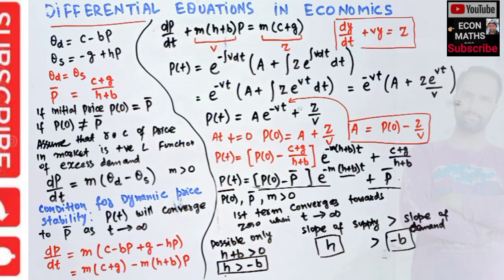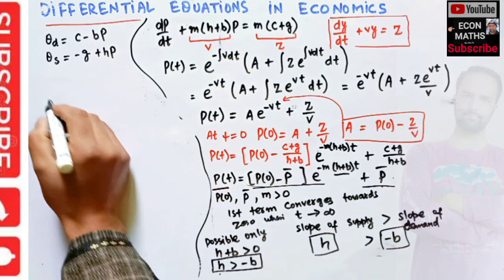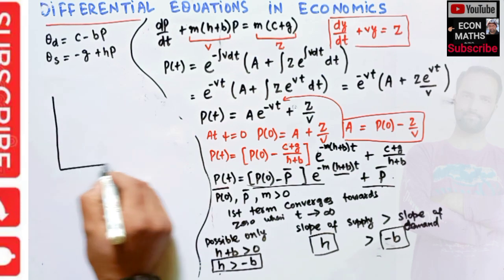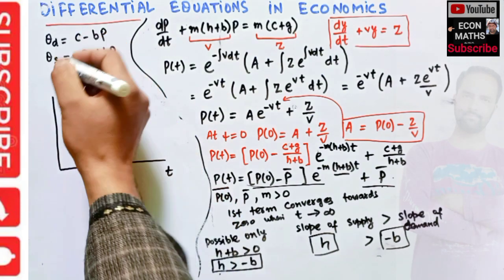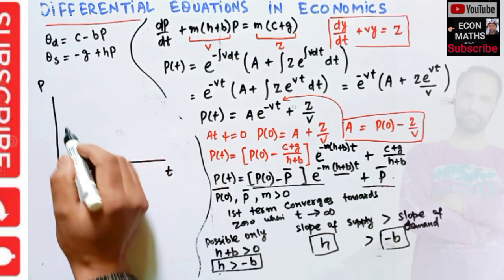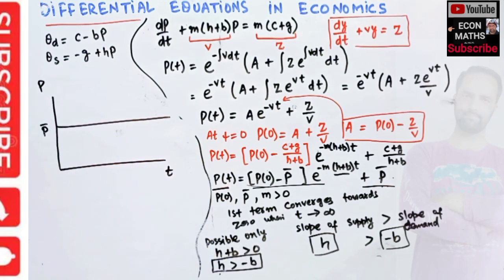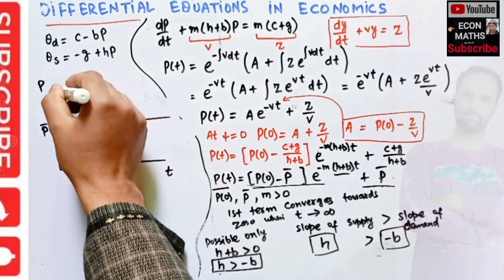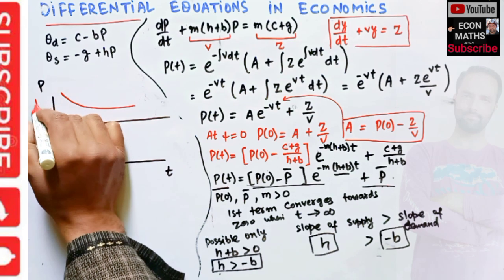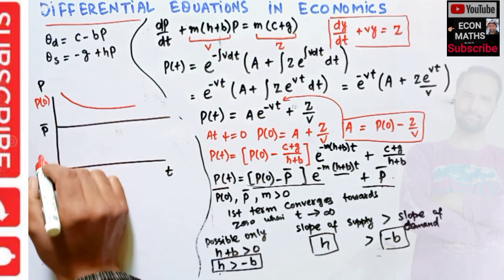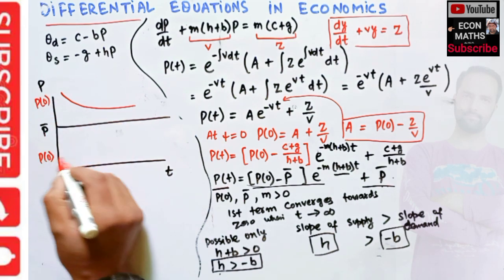Okay, so let me show. If I have the space here, one thing, let's draw. Let us say this denotes the time, this is P here. So let us say this is our equilibrium price. Okay, so what our endeavor was, let us say this is another function, that is P naught, and here we have also P naught.